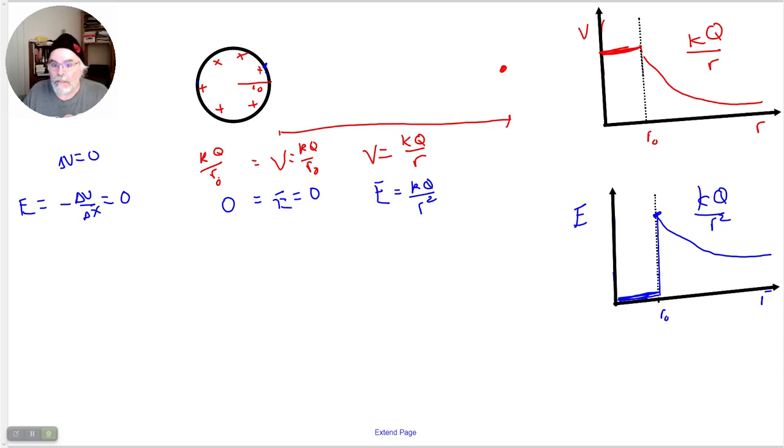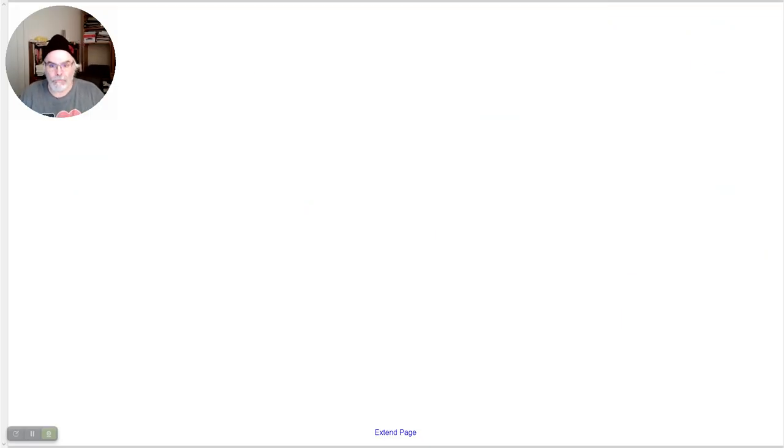Okay, let's say a few more things about potential. I'm going to go to a new page, so you pause if you need to get these notes down. Here's the new page. Equipotential lines are lines of equal potential, where the potential doesn't change.